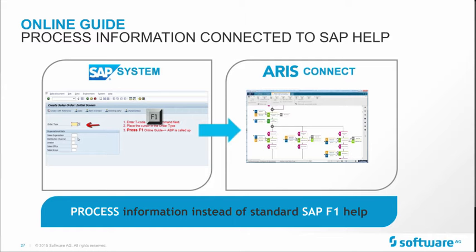So you would press F1 in your SAP system, and you would jump directly into the ARIS process. That would make things easier to understand for you, so you would understand the complete process around this dedicated transaction. So that makes sure even on the job, even while working there, you would have enough information.